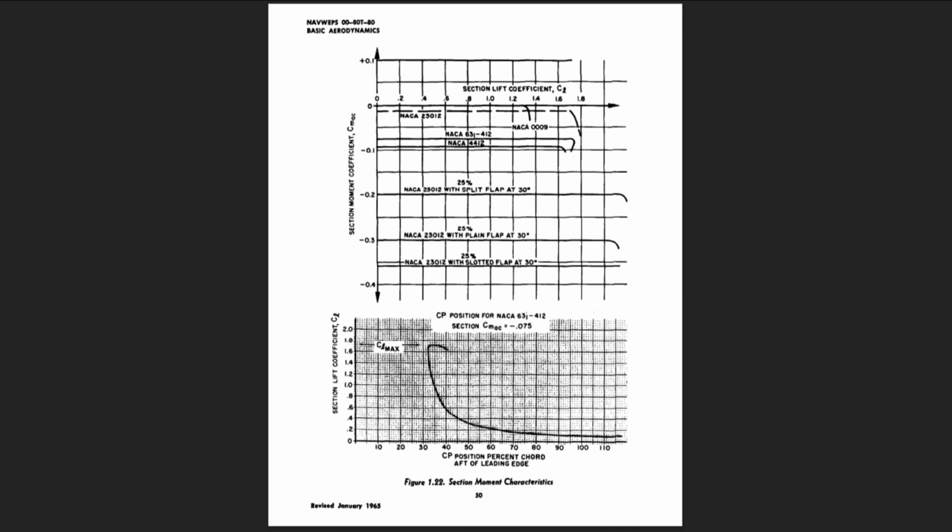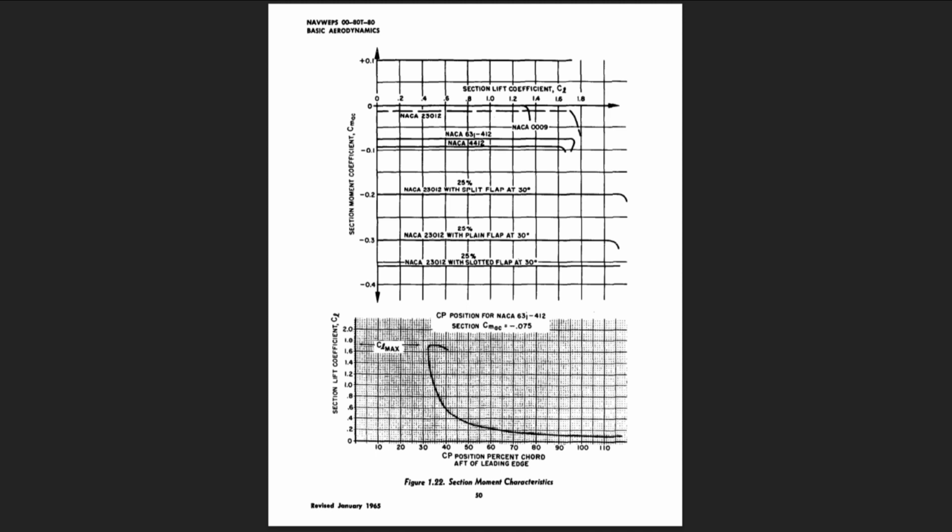The NACA 4412 and 63-412 sections have noticeable positive camber which cause relatively large moments about the aerodynamic center. Notice that for each section shown in figure 1.22, cm sub AC is constant for all lift coefficients less than cl max.